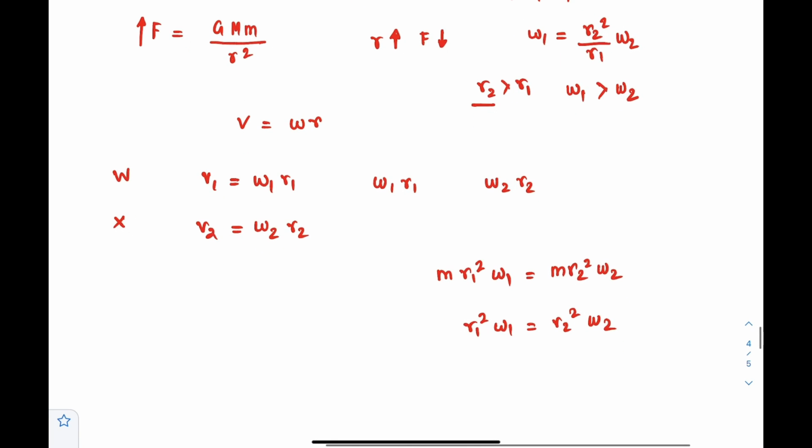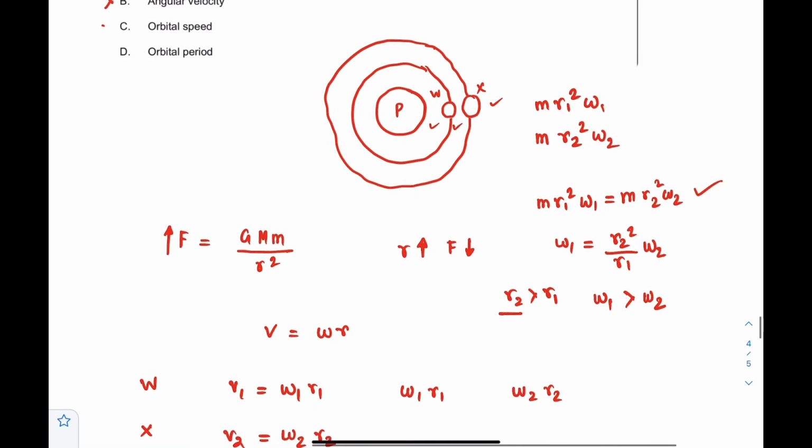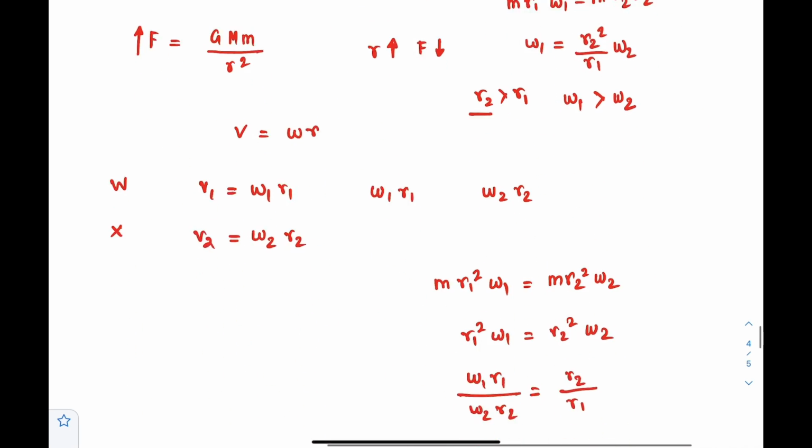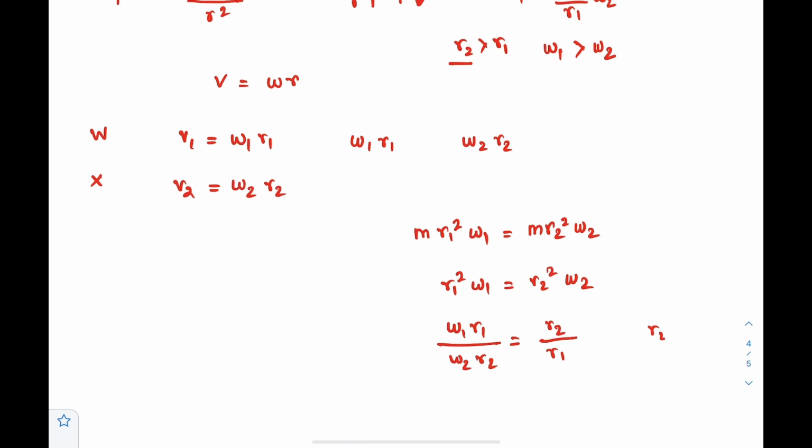From here, omega 1 r1 divided by omega 2 r2 is equal to r2 by r1. R2 is the distance of satellite X and r1 is the distance of satellite W, so obviously r2 is greater than r1.